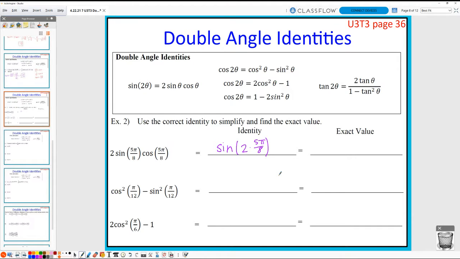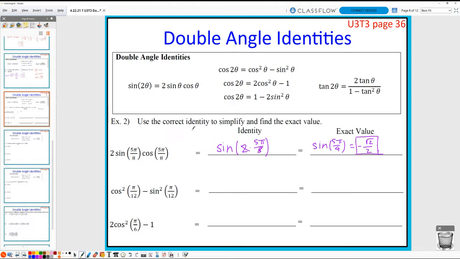I'm going to simplify that, right? So this becomes sine of 5 pi over 4, which of course is negative root 2 over 2. Right, so this is going backwards, not a huge deal, I don't think.